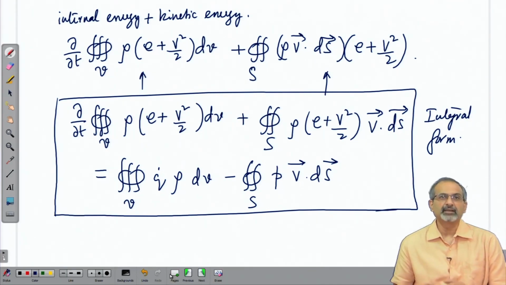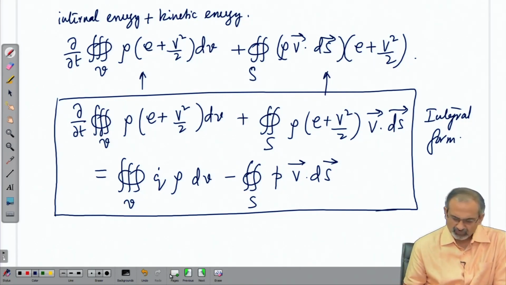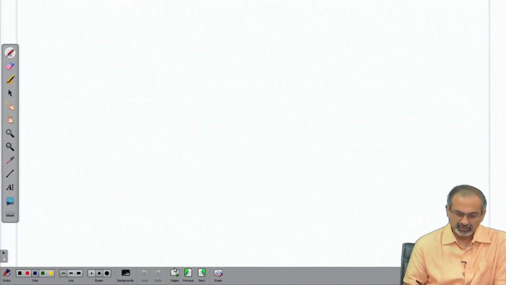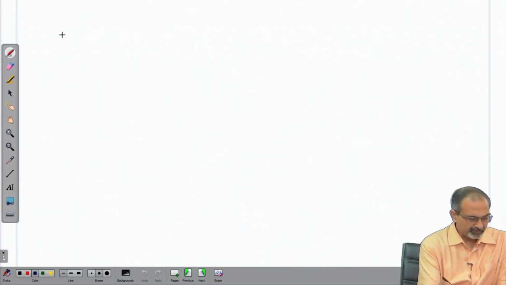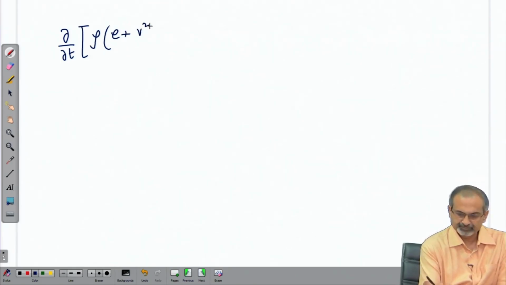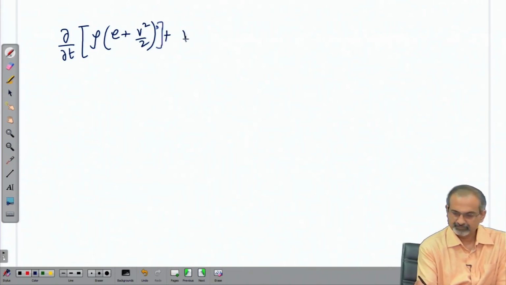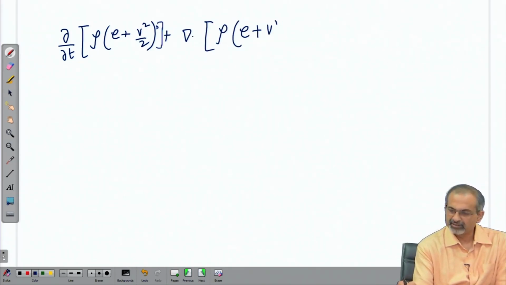Using that same concept, we can convert this equation to a differential form, and there you will find that it can be written like this. You can try deriving this as a homework.